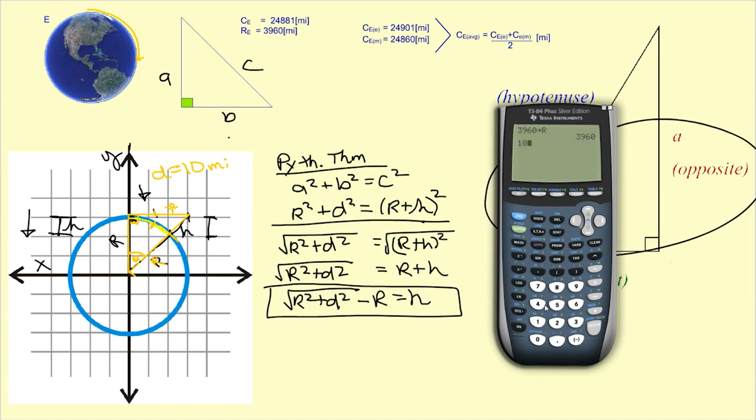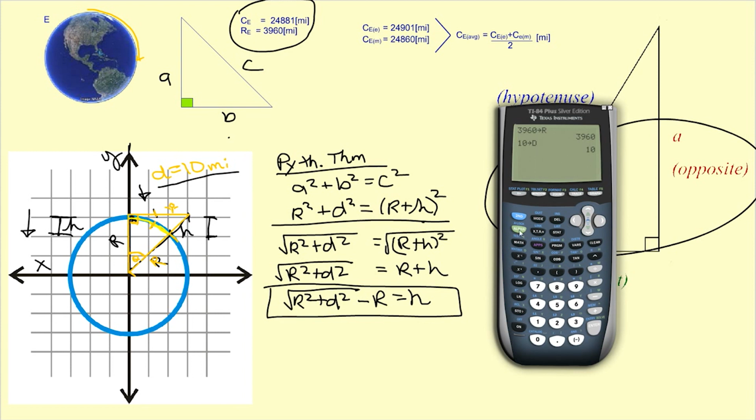And I also took 10 miles, I stored that into a variable, d, just like I did here. 3960 miles, remember up here. And we're talking about d equals 10 miles in this example right here. So let's do it. What is that drop? What is that height? What is that y translation?